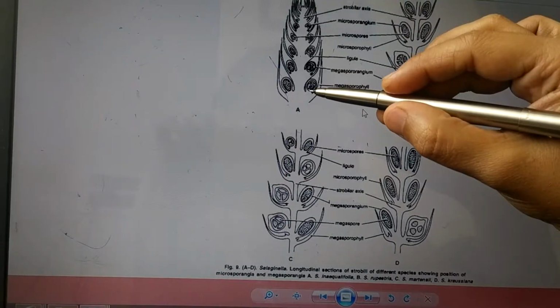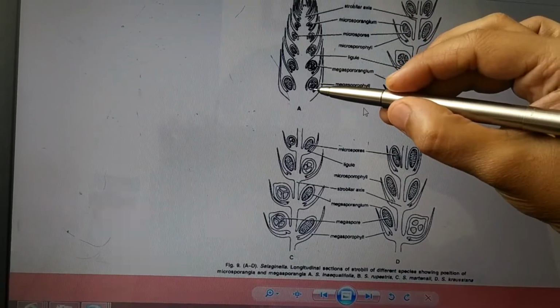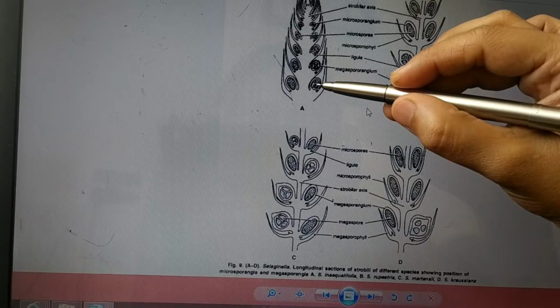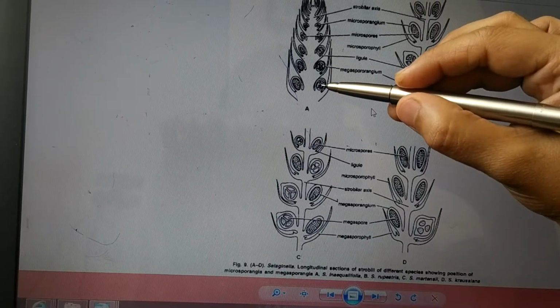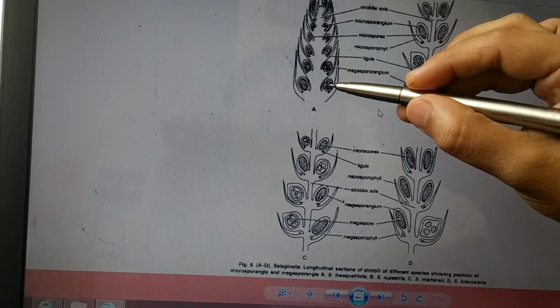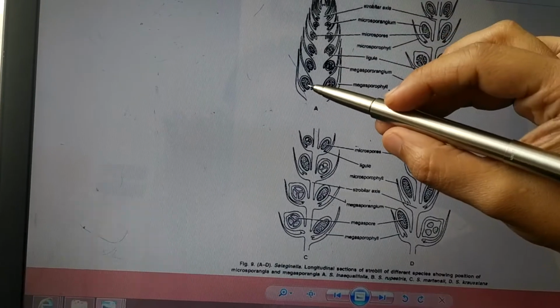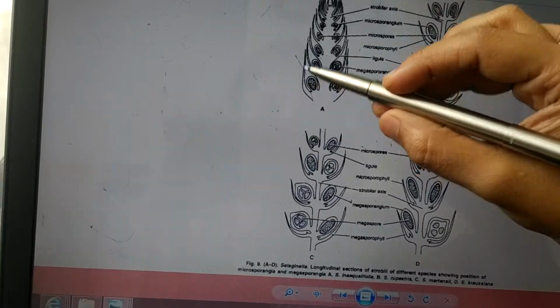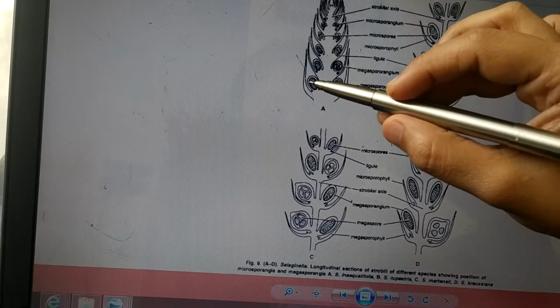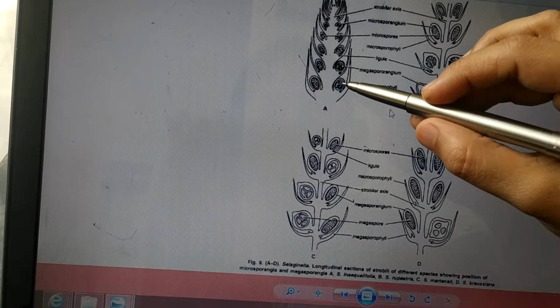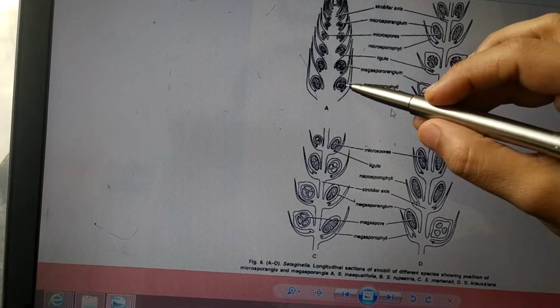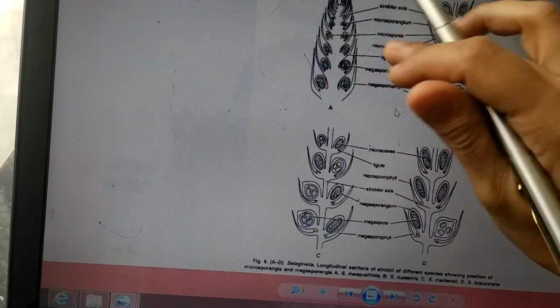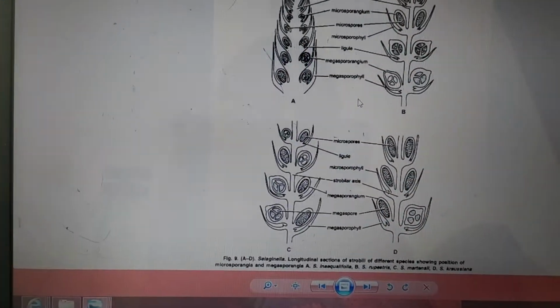At the base, on the dorsal surface of the leaf, we have a sac-like structure. This sac-like structure contains the spores. The leaf containing megasporangia is the megasporophyll. The leaf containing microsporangia will be the microsporophyll. So both these leaves are arranged on either side of the central axis.